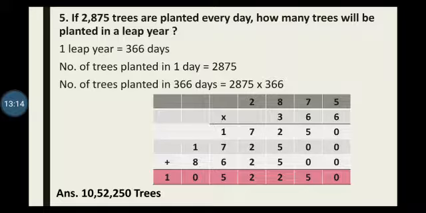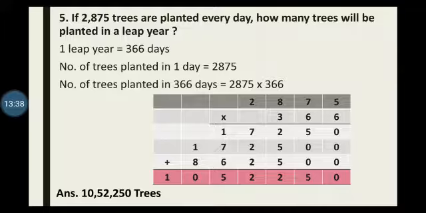Next situation, children. If 2,875 trees are planted every day, means in one day, how many trees will be planted in a leap year? Yes. How many days are there in 1 year? 365. And a leap year comes after every 4 years. It has 1 extra day in the month of February.